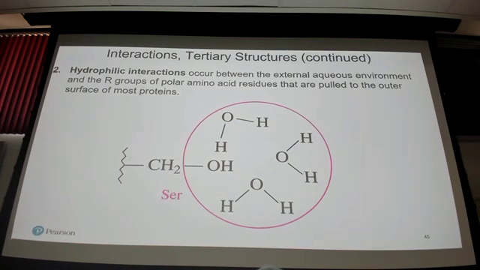So we know that's polar. What this polar amino acid is going to do is cause a hydrophilic interaction with the water molecules that are surrounding the protein. They're going to want to move towards that water. So that is also going to cause the protein to fold and bend, and the R groups to fold and bend to attract, essentially, the water. Okay.